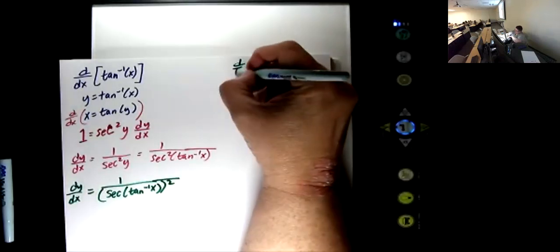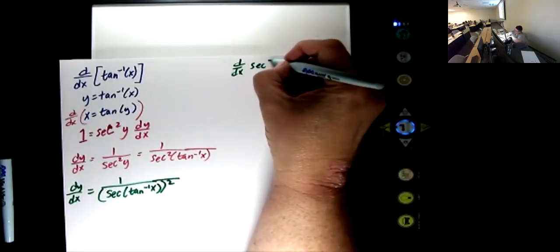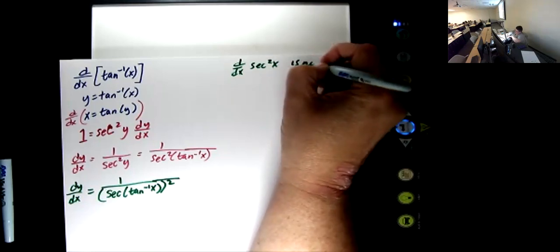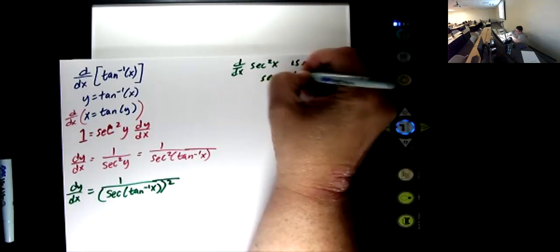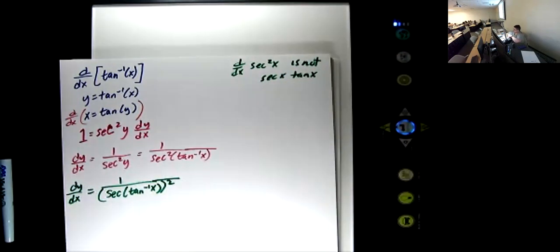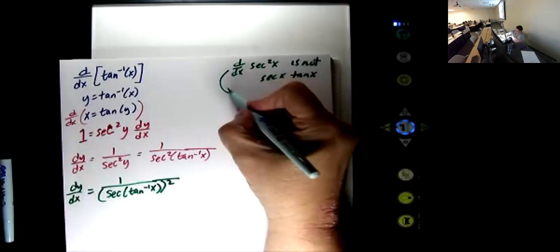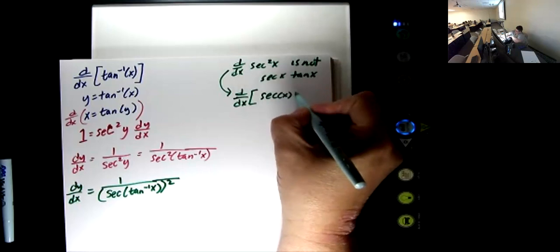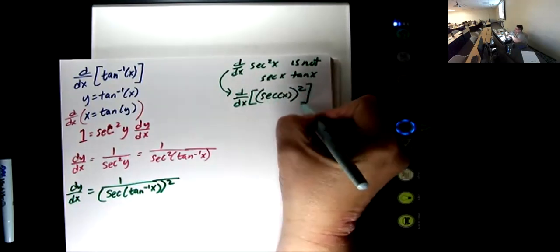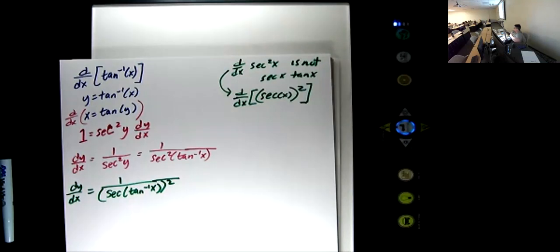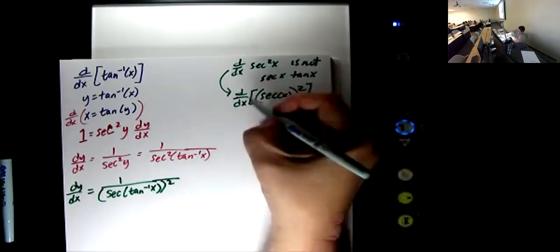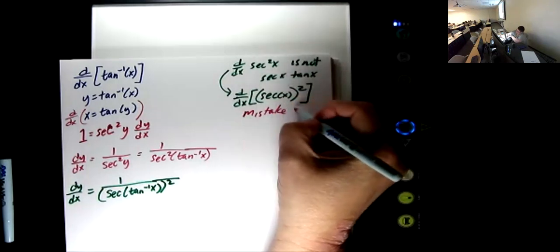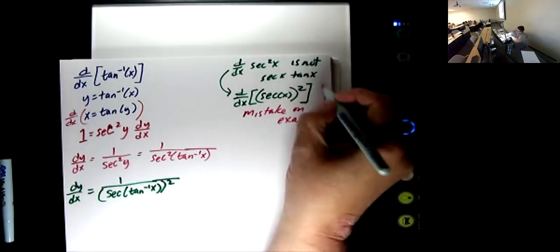On the test, I saw this: d/dx of secant squared x is not secant x tangent x. That's just part of it. You really want to rewrite this as d/dx of secant x, squared, and do the chain rule. That one was easy to miss. So that was a mistake I saw in the exam.